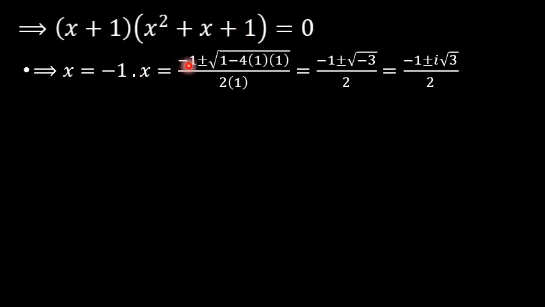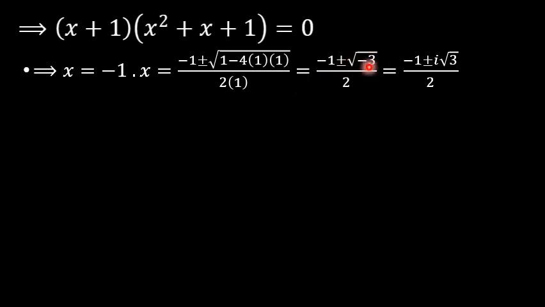So x is equal to minus b, that is minus 1, plus or minus square root of b square is 1 square, which is 1, minus 4ac, that is 4 into 1 into 1, by 2a is 2 into 1. So upon simplification we get x is equal to minus 1 plus or minus square root of minus 3 divided by 2.